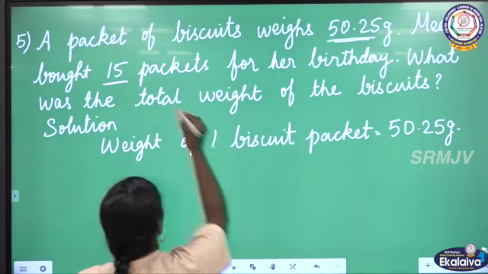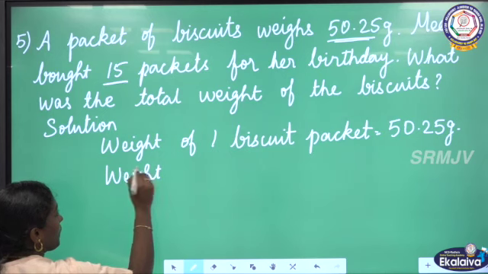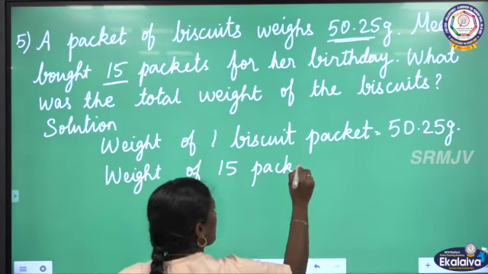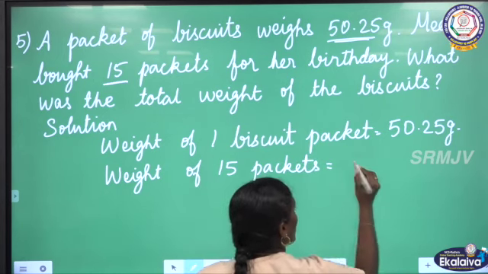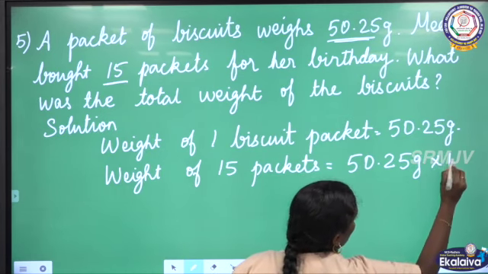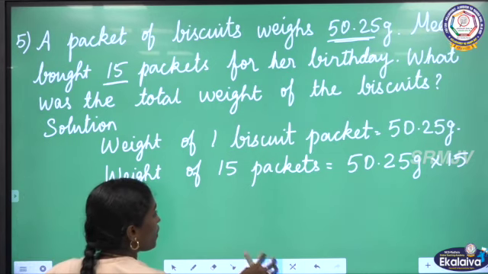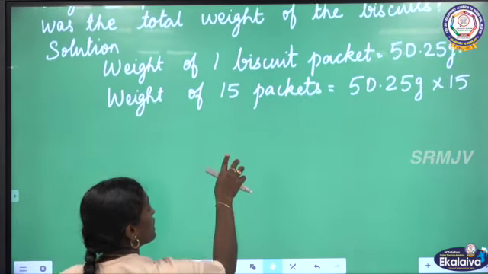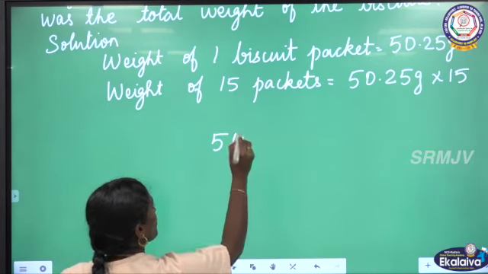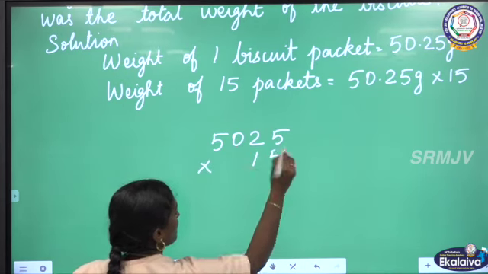Now we are going to find the weight of 15 packets, which is equal to weight of one packet into 15. Here we are going to multiply a decimal number and a whole number. While multiplication, we have to consider the decimal number as a whole number. So we have to take 5025 into 15.